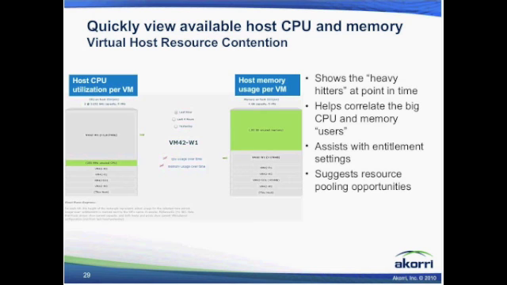The chart is pretty simple to interpret. The bigger boxes show the biggest VM users of CPU and memory. It shows which VMs are using the most of the actual resources, or if there's a large chunk of allocated or unused resources going to waste.